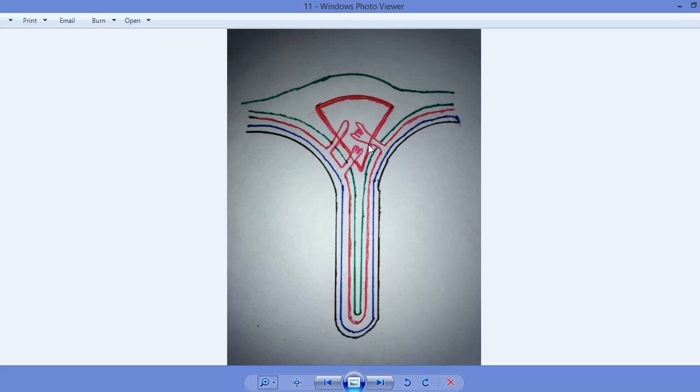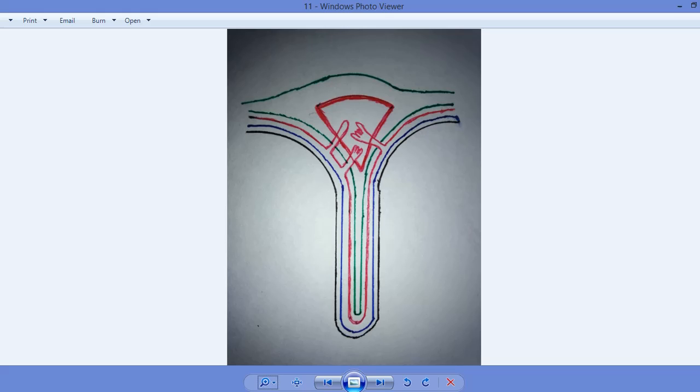Two types of protrusion are there. This is called an arachnoid villus, and this, the group of villi, is called an arachnoid granulation.